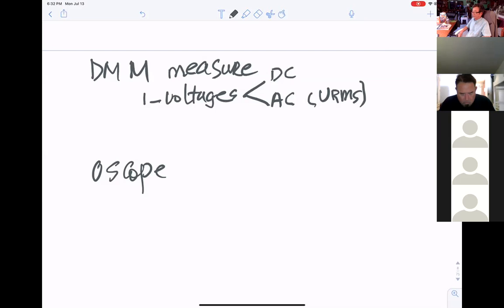By 0.707, is it? Yeah, you have to use V peak equals VRMS divided by 0.707. And if you want to get peak to peak, then you have to multiply V peak by 2. Okay, that's what I'm trying to make sure of.